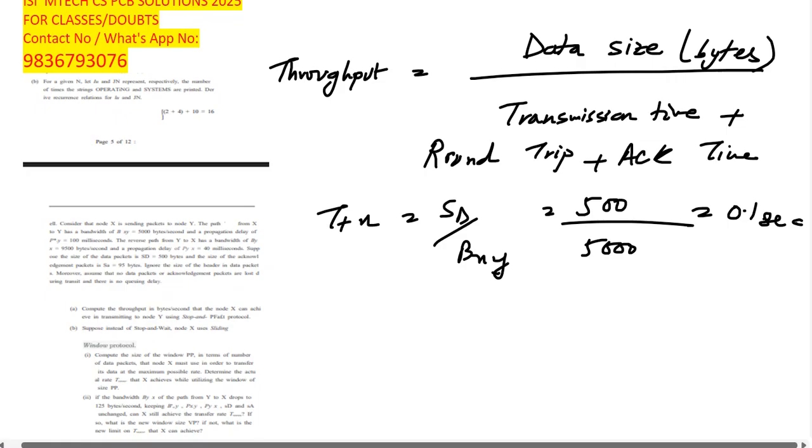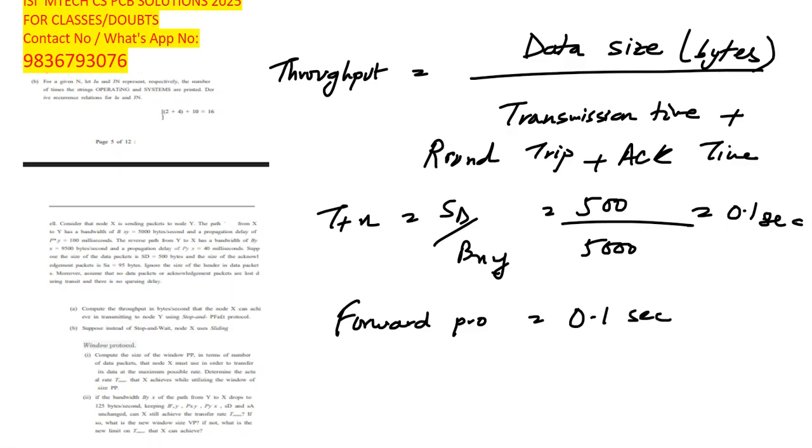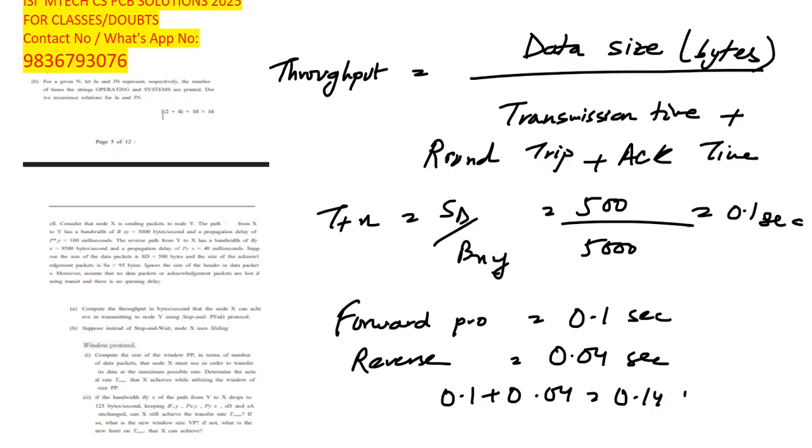Okay, and then next we are having forward propagation, that is 0.1 sec, and reverse propagation, that is 0.04 sec. So now my total propagation delay will be 0.1 plus 0.04, so that is 0.14 sec.